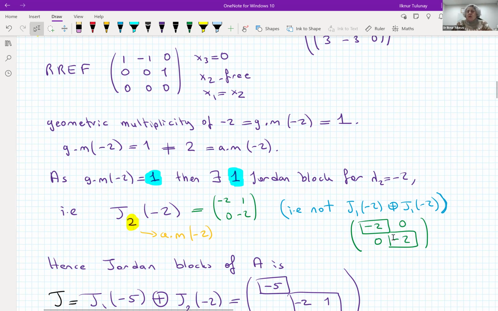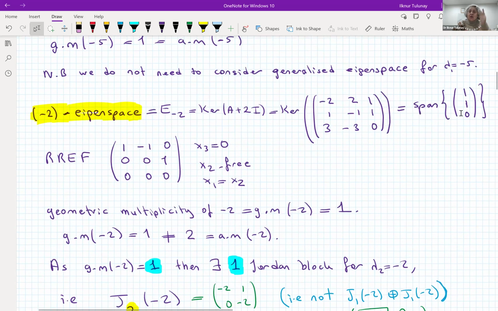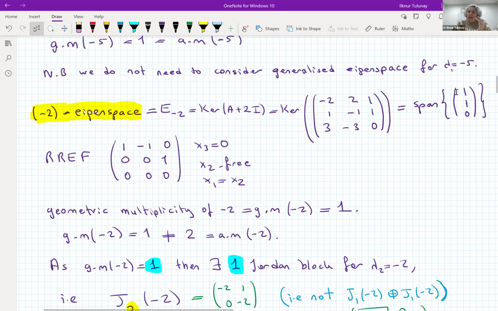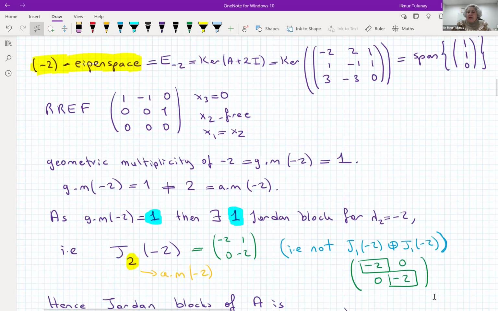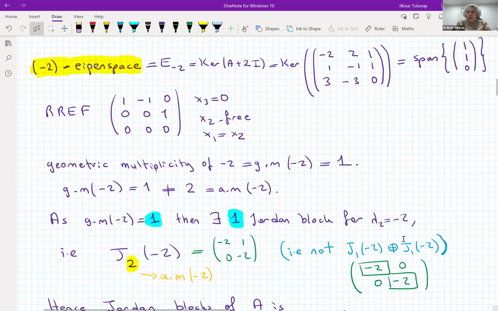It means that we would be able to obtain 2 eigenvectors, which means that we would be able to find 2 basis elements of this eigenspace.